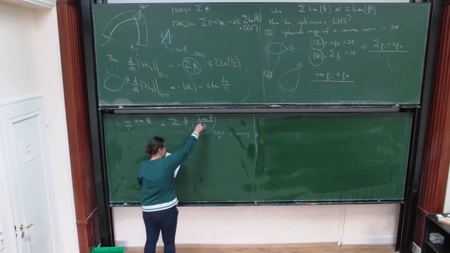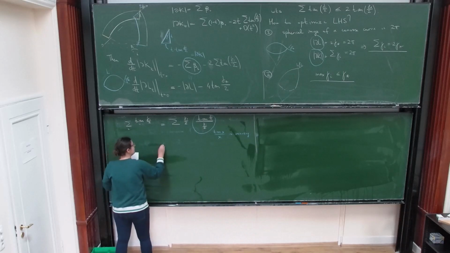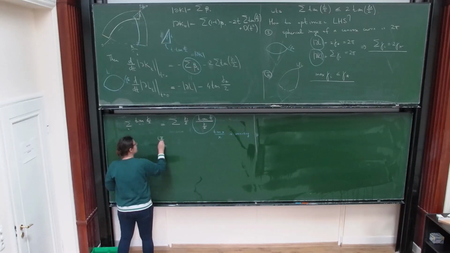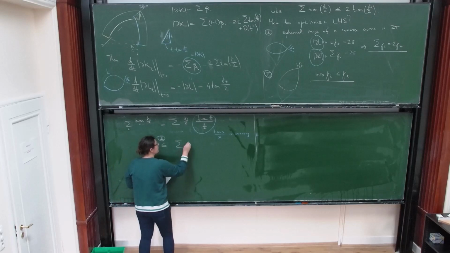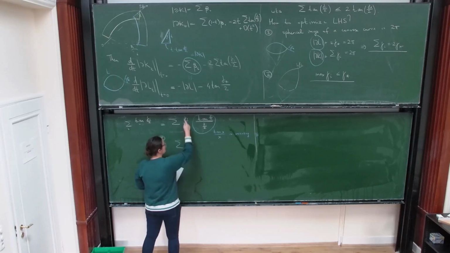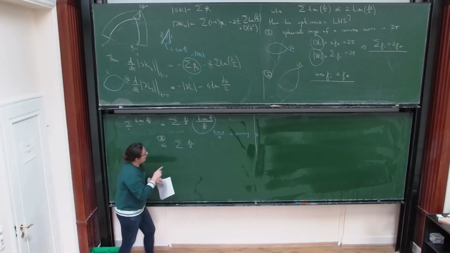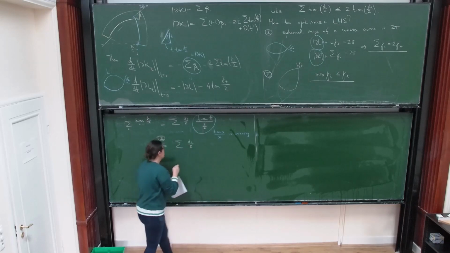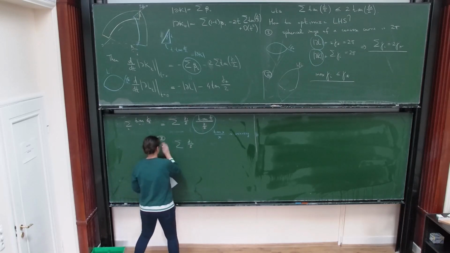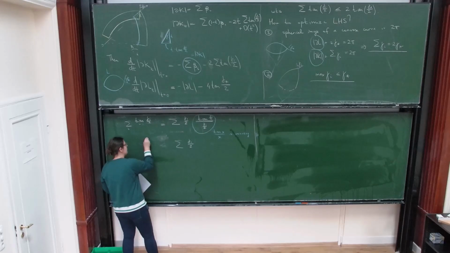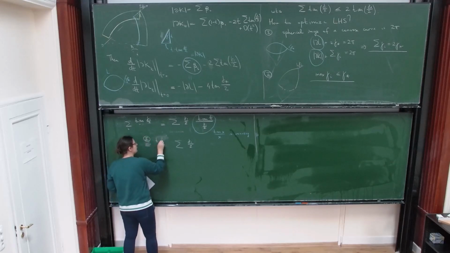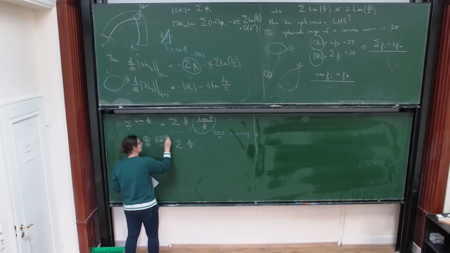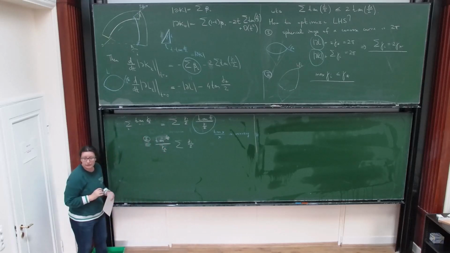So I have the sum of gamma i over 2, which remains, and each of these guys I will replace with tangent gamma star over 2 divided by gamma star. It doesn't depend on the sum here, so I can take it out.